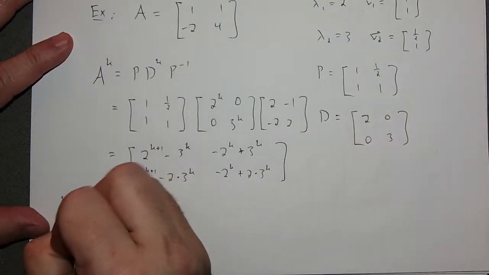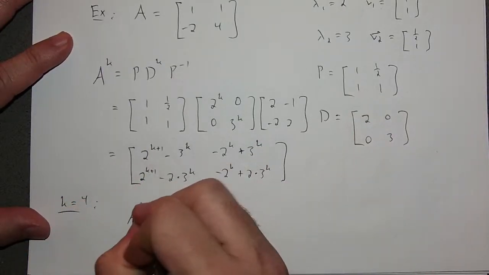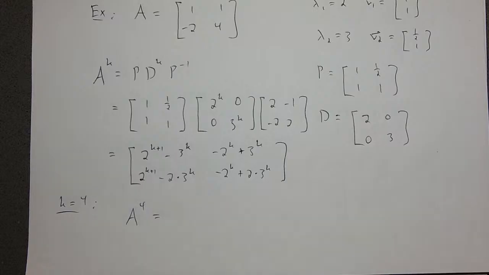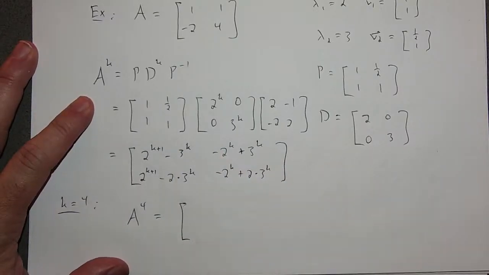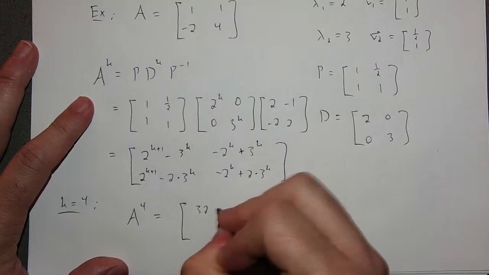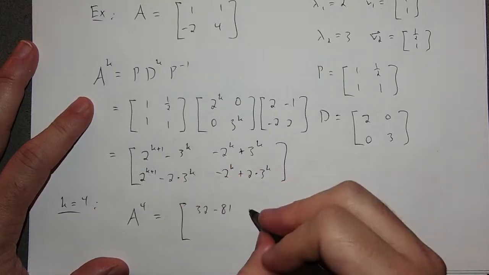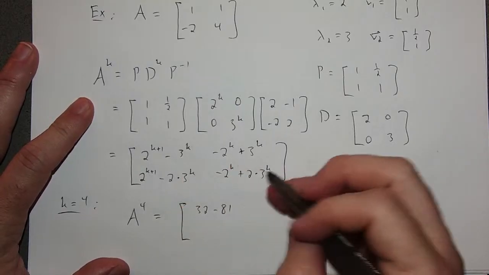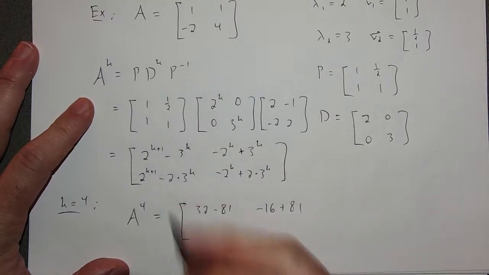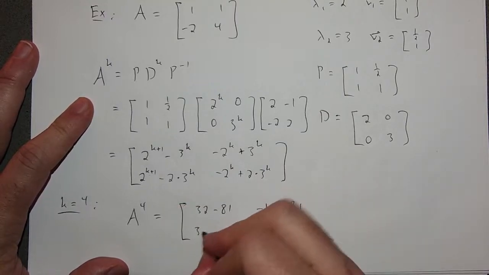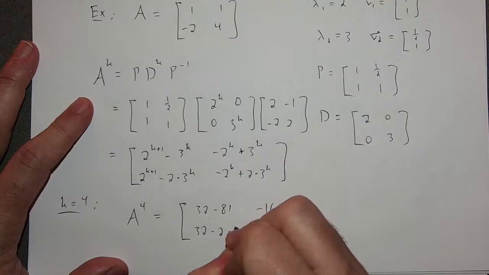So this means, for instance, what about when K is equal to 4? A to the 4th can be computed directly from this by just plugging in. This would be 32 minus 81. Here, this would be minus 16 plus 81. Here, this would be 32 minus 2 times 81.